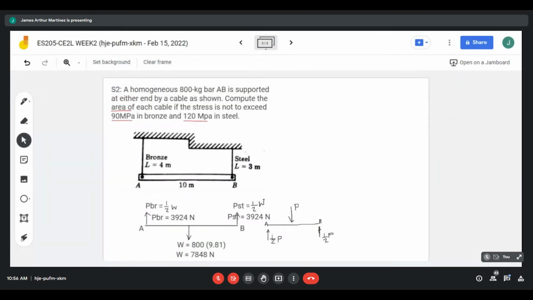Okay, so now nakita na nato ang iyahang reactions kang bronze o kang steel. So makompute na nato dayon ang iyahang areas.